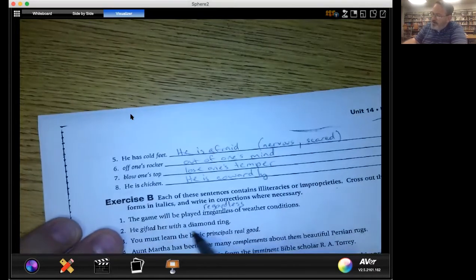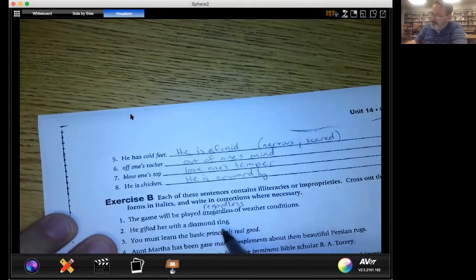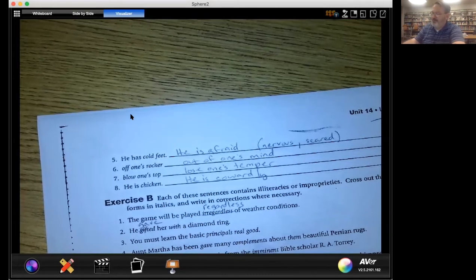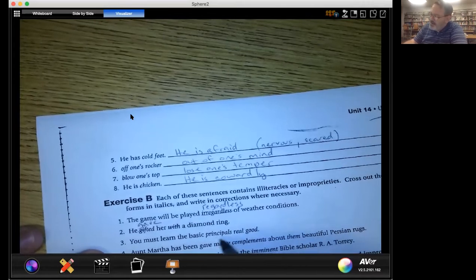He gifted her with a diamond ring. Okay, gifted with. Why don't we just say he gave her a diamond ring? You must learn the basic principles real good. How about we change that? That's the wrong principle, because that's like Miss Sharon's job.